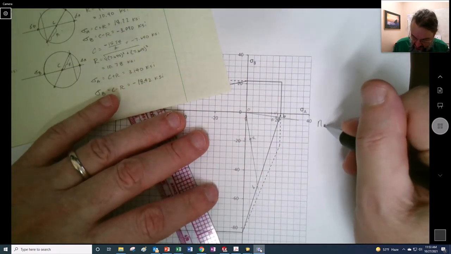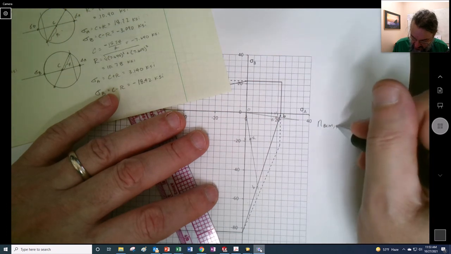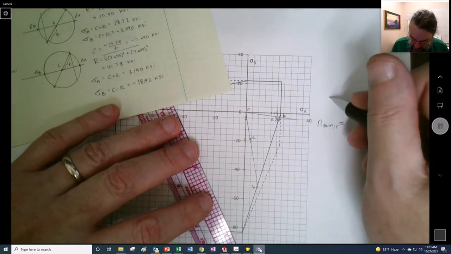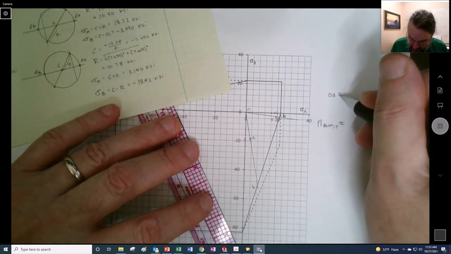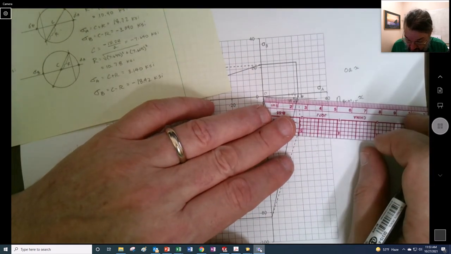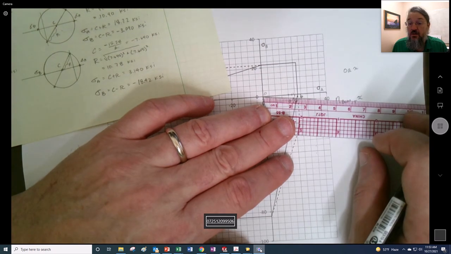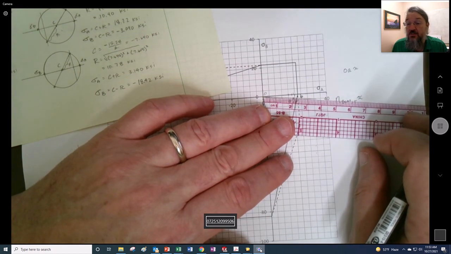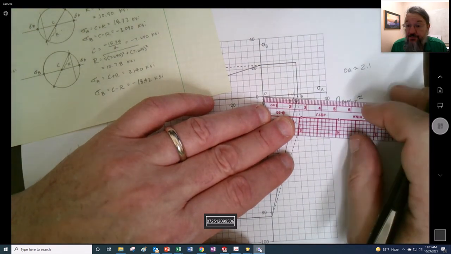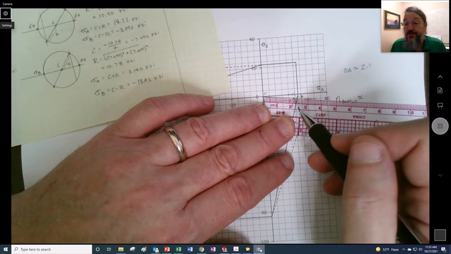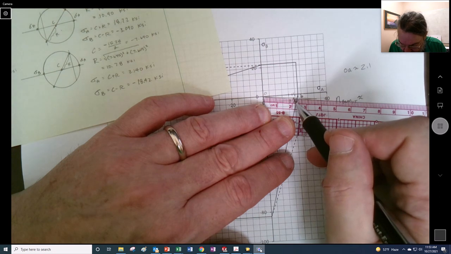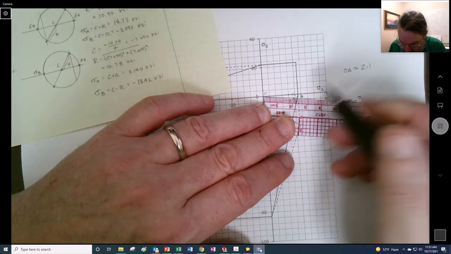And I could say that the brittle Coulomb-Mohr tension, right, is approximately, all right, so first off, I'll write this OA is approximately, and I will measure this thing out here. As near as I can tell, that looks like 2.1. I'm going to call it 2.1. And then for B, geez, let's see, 1, 2, it's almost 2.3.